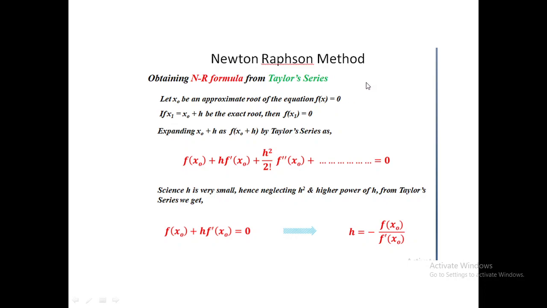In the Newton-Raphson method, we are using the Taylor series. This Newton-Raphson formula is obtained by using the Taylor series. Let us consider x0 to be an approximate root of the equation f of x is equal to 0. If x1 is equal to x0 plus h is the exact root, then f of x1 is again 0 because of the exact root.